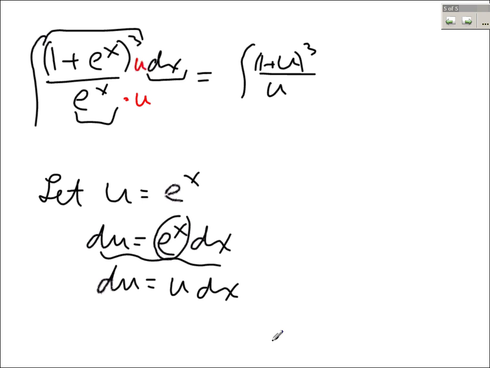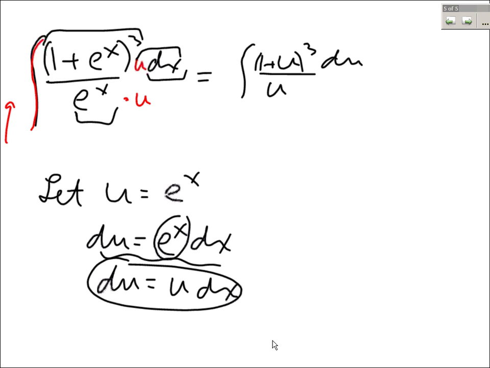Notice I didn't put anything outside. I didn't put 1 over u on the outside. You cannot put variables to the right of the integral sign and variables in front. No. But you can multiply by u over u. Well then this piece here, according to my definition down there, that's du. And the bottom is e to the x, which is u times another u. So that's u squared.